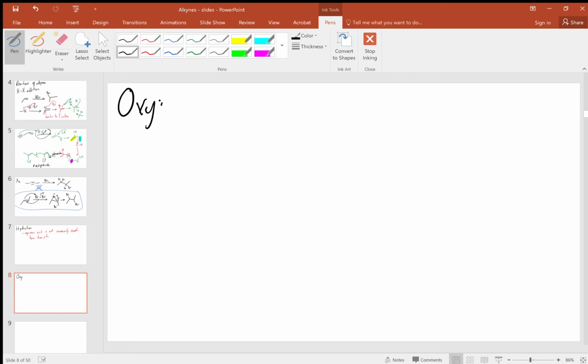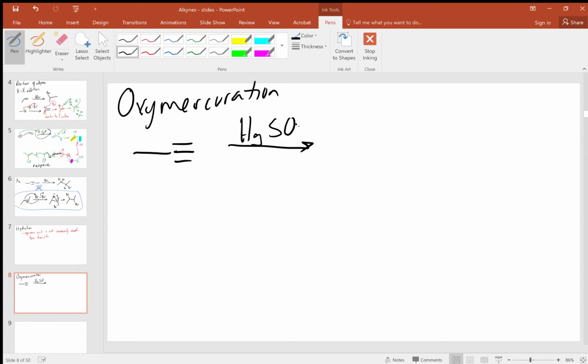So we go back to oxymercuration, which uses slightly different reagents here: mercury sulfate and sulfuric acid.